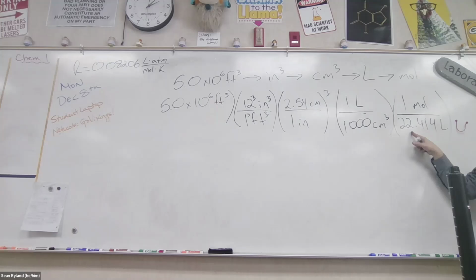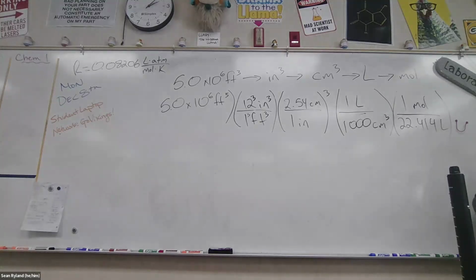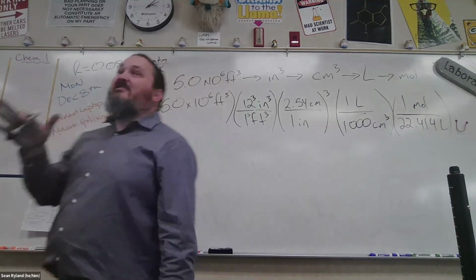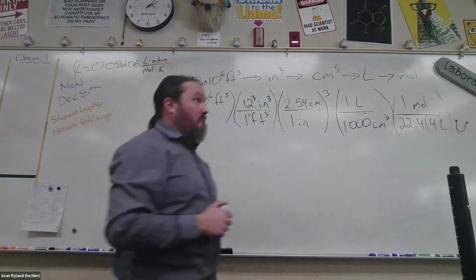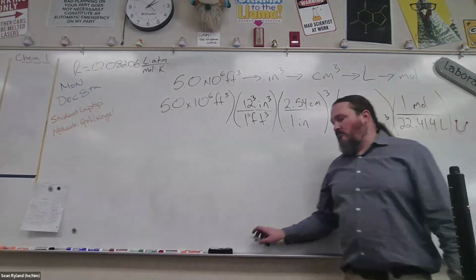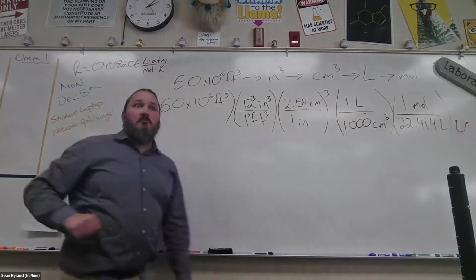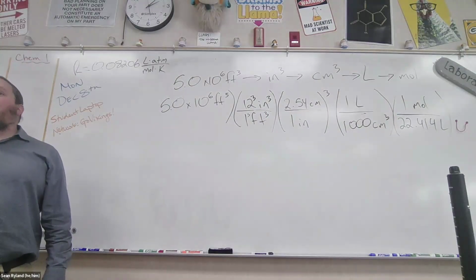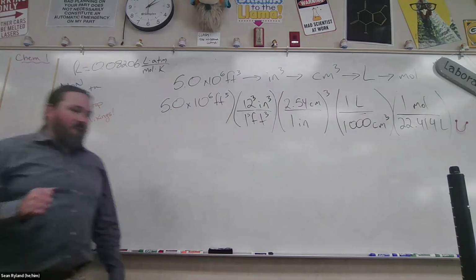Divided by another 20, so 2.5 times 10 to the 5 or so. Should be somewhere in the 250,000 moles range, ballpark. If you're not getting that answer, you may have forgotten to cube something somewhere.